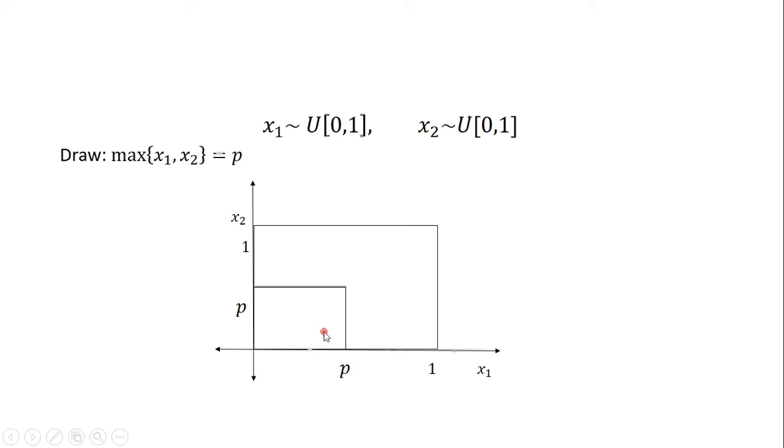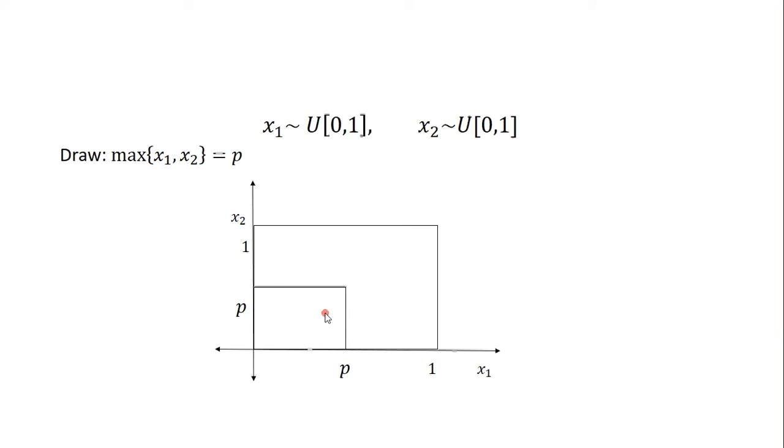But the question asks for max of x1, x2 less than or equal to p, which means we need to pick all the x1 and x2 such that the maximum of those must be less than or equal to p. So those x1 and x2 lie in this square region.